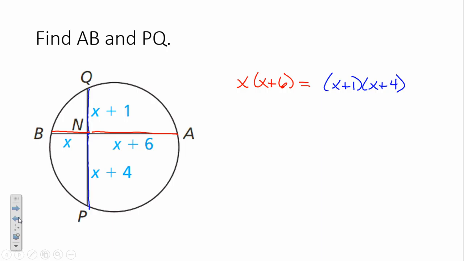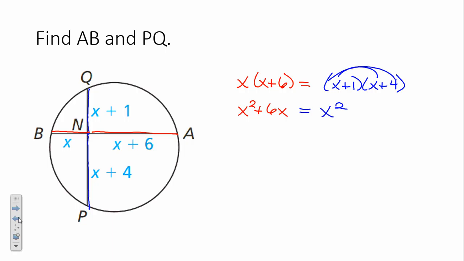Now we're going to multiply and solve. Multiply and simplify. So what is x times x plus 6? x squared plus 6x. So that's just the distributive property. And we've got a FOIL on the other side. So first times first is what, Brandon? Very good.